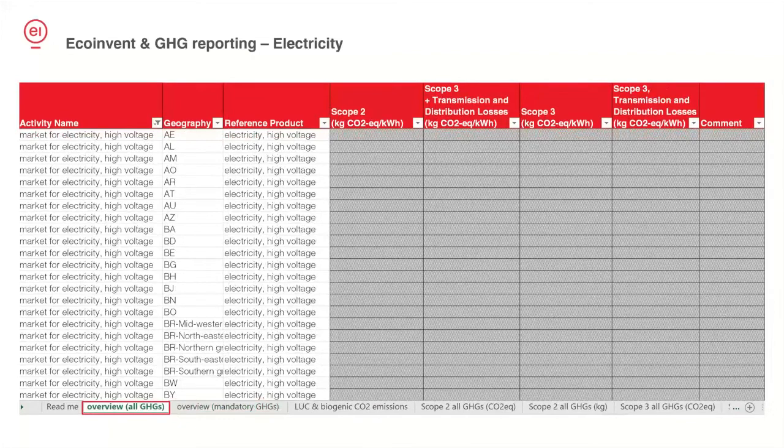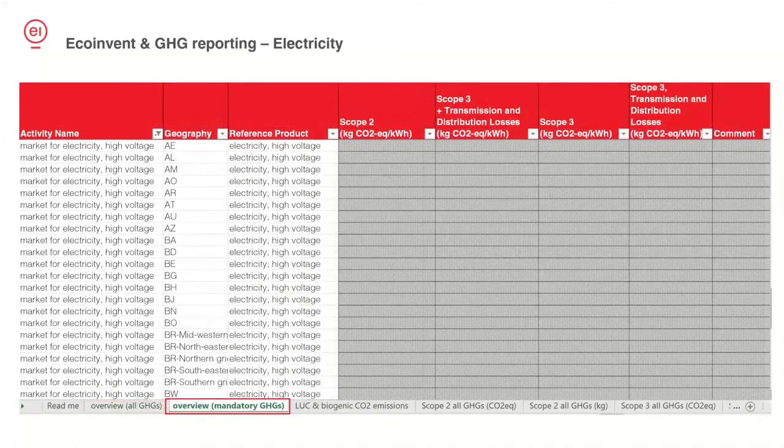For the all GHGs, we calculated the emission factors with the IPCC method as implemented by ecoinvent. This is what we term all GHGs. And then under mandatory GHGs, we only included the 7 GHGs listed in the Accounting and Reporting Standard Amendment by the GHG Protocol for the calculations of the emission factors.